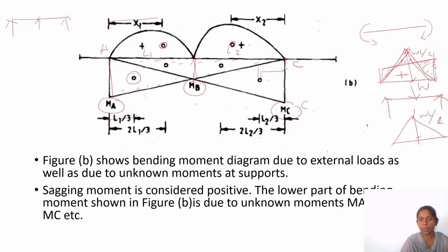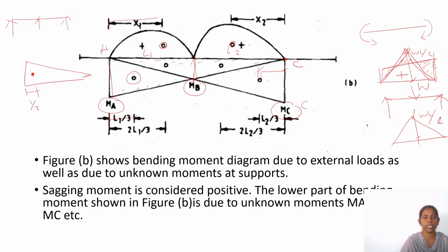This distance will be 1/3 because if it is a triangle, the centroid will be nearer to the area of higher value. Always the centroid will approach towards the higher area of cross section. So this area will be higher.